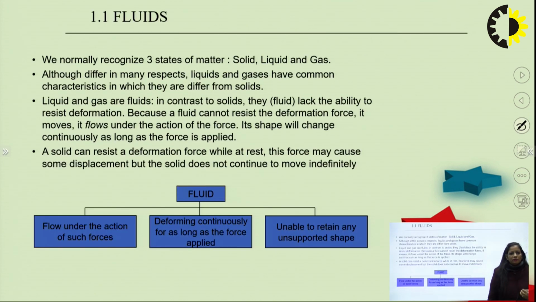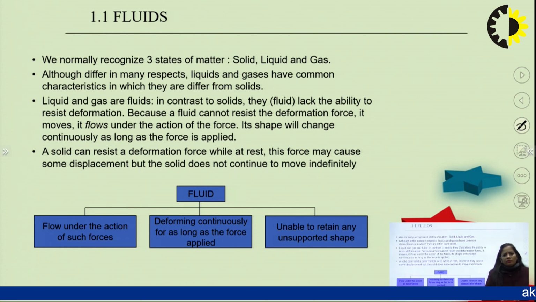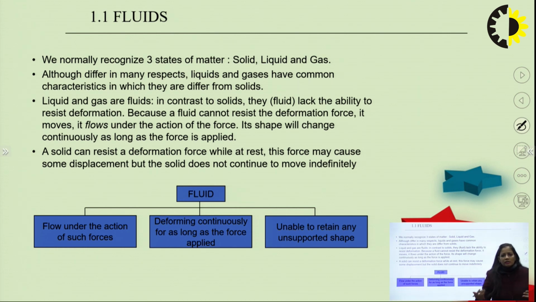Now we need to understand what the states of matter are. We know there are three phases of matter: solid, liquid, and gas. Usually we take liquid and gas as a subset of fluid, and solid is different. When the molecules are closely bound together with each other, that particular mass is called solid.